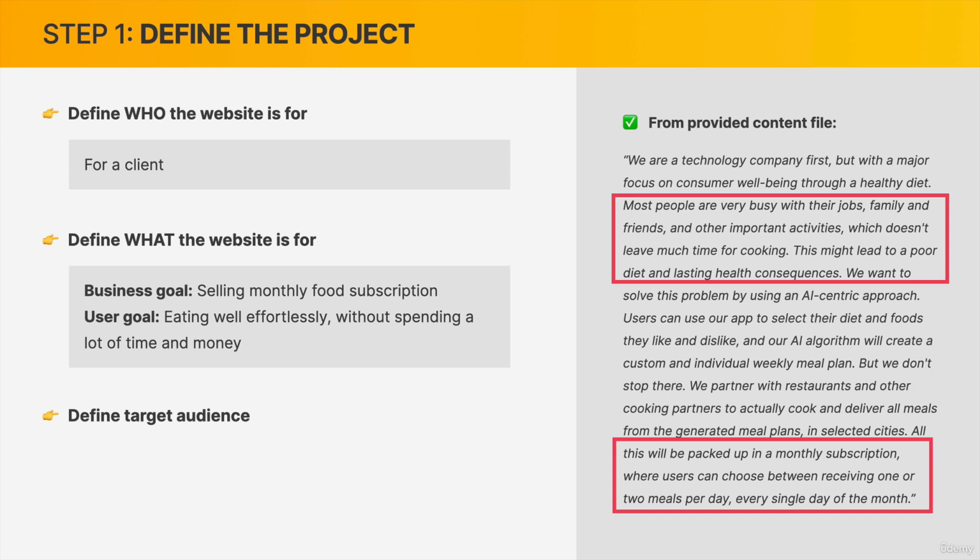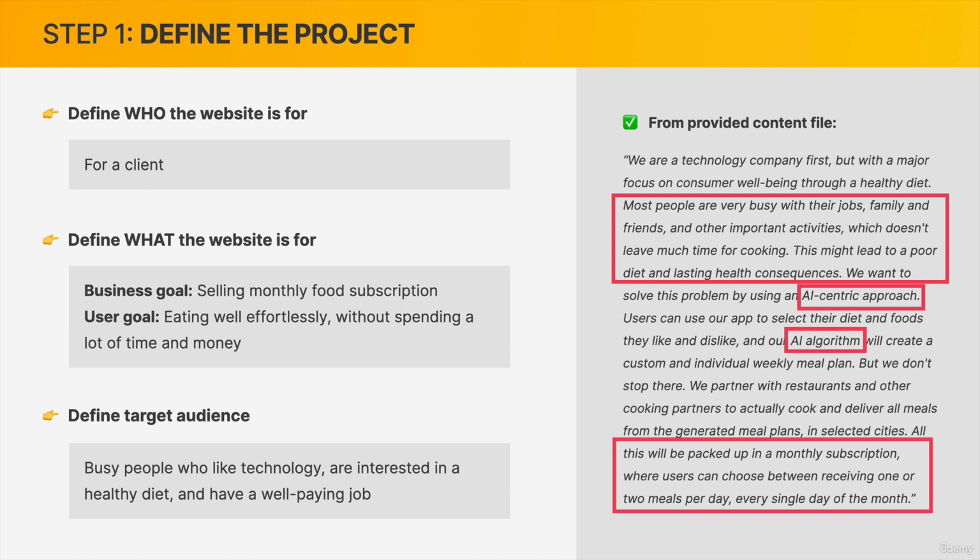Now, finally, about the target audience, we are not going to be able to make it really specific like in that example that I showed you in the last video, but we can take some clues here. So the language in this description is kind of technical and geeky. So with things like AI algorithm and AI-centric approach, and also they themselves say that they are a technology company first.